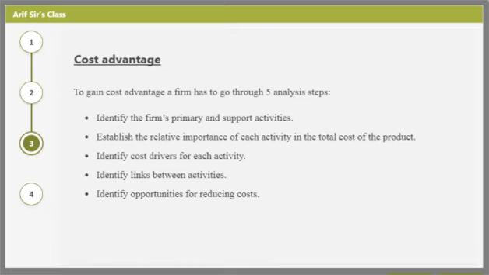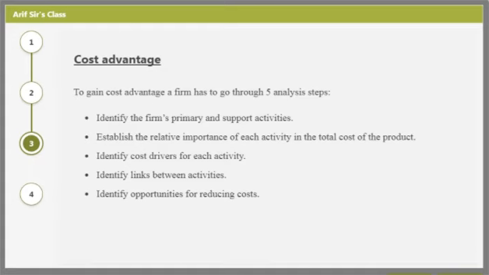In the third step, we need to identify the cost drivers for each activity, because by understanding what factors drive the cost, managers can then focus on improving them. Say, for example, costs for labor intensive activities will be driven by work hours, work speed, wage rate, etc. So different activities will have different cost drivers.